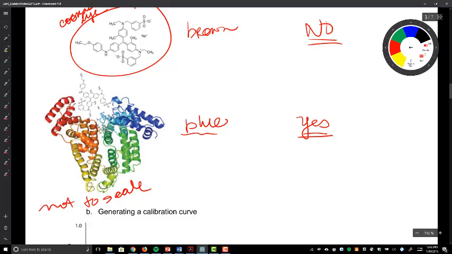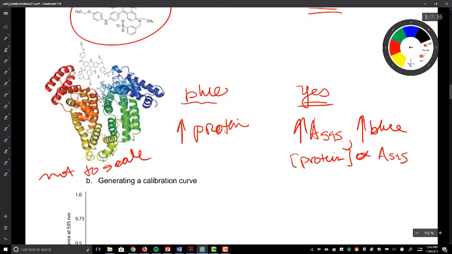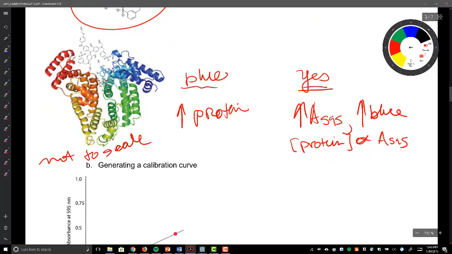So as you increase the concentration of protein in the solution, the absorbance at 595 nanometers is going to increase, and also the intensity of the blue color. Over a particular concentration range, the concentration of protein is directly proportional to the absorbance at 595 nanometers. It's going to be a linear relationship.